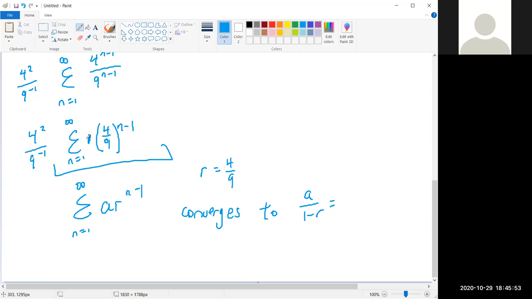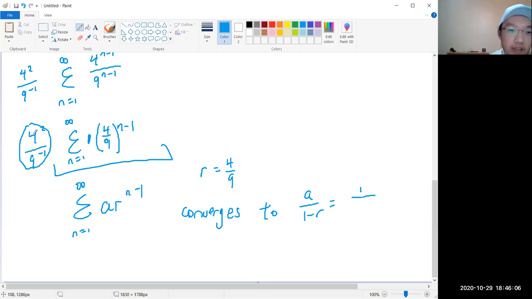Or you can think of it as your first term in your series. Okay, a is your first term. Yeah. So in this case, a is 1. I mean, actually, it depends. If I didn't factor out this constant here, then this term would be a. But since I factored it out, then a is just 1. So our sum is a over 1 minus 4/9.